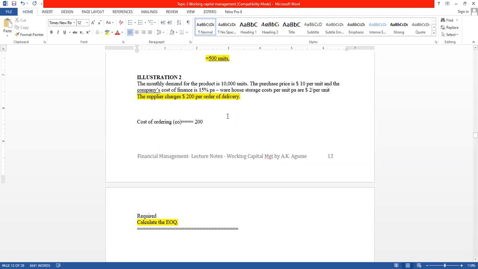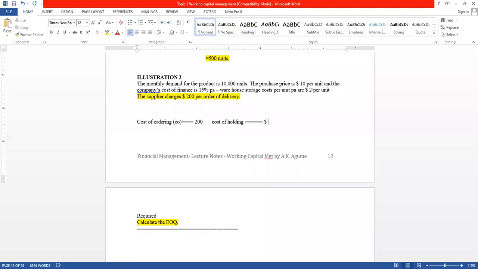Then we have the cost of holding. So what is the cost of holding? 2. Is it only 2? Yes, we have $2.